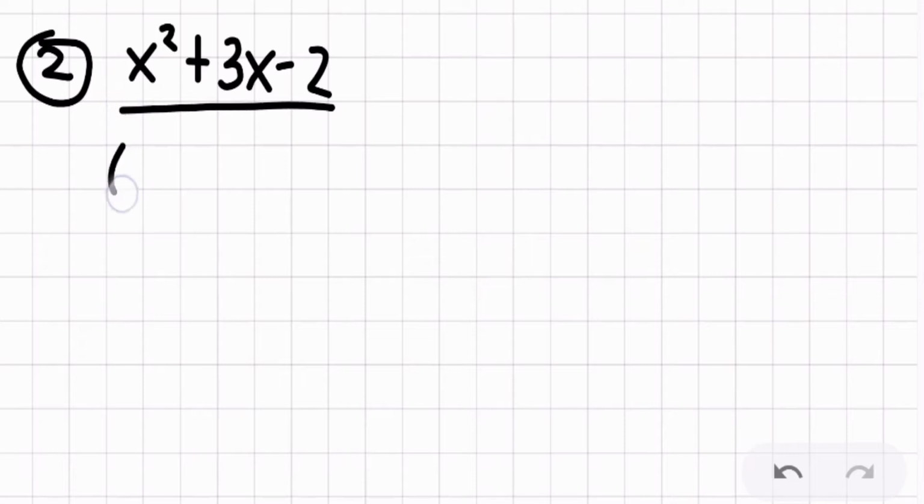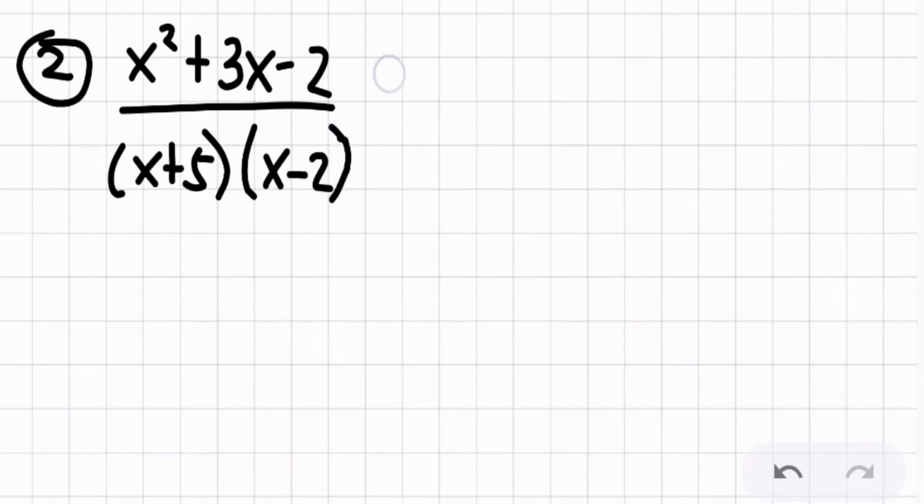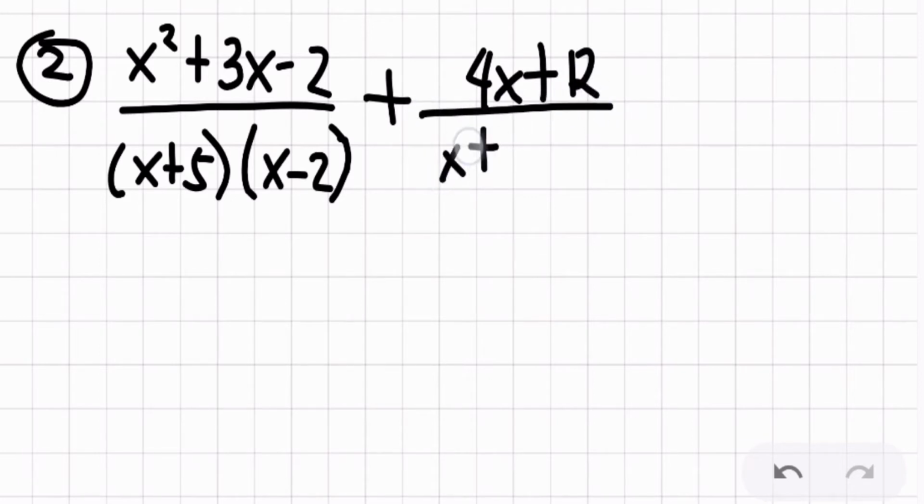So we have here x squared plus 3x minus 2 all over x plus 5 times x minus 2 plus 4x plus 12 over x plus 5 times x minus 2.